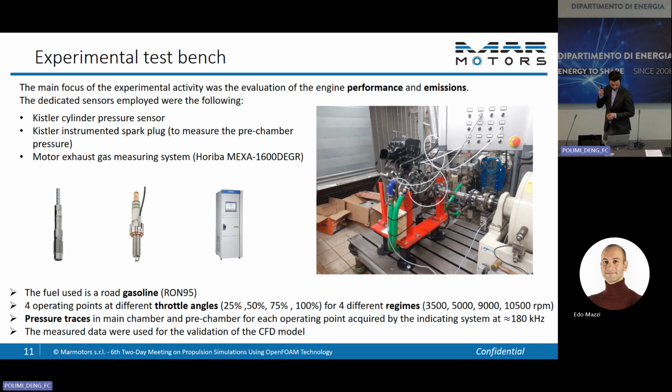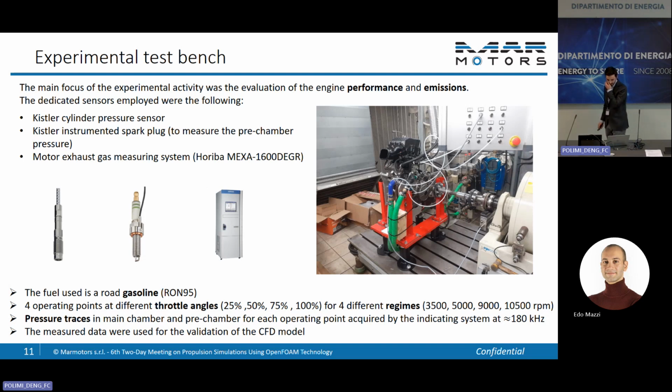One is inside the cylinder to monitor the pressure in the in-cylinder area, and another one is an instrumented spark plug that we use to gain the data of the pressure inside the prechamber. And finally, an exhaust gas measuring system to see what we can gain from a prechamber, from a TJI combustion system.